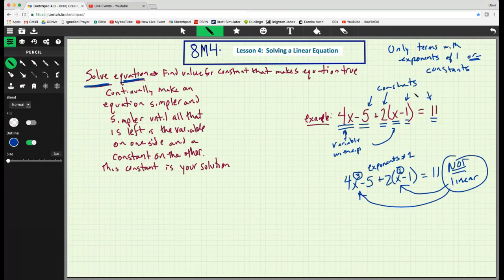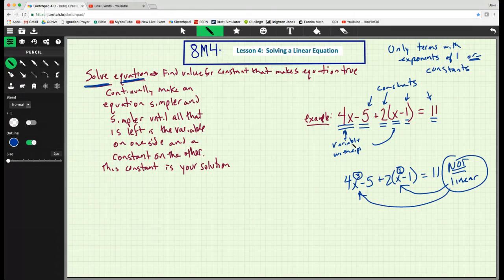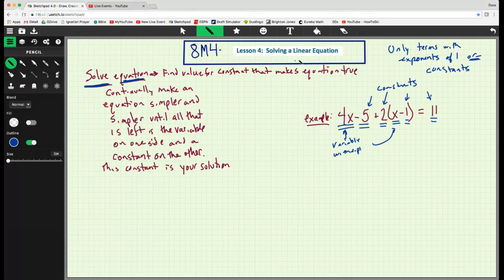So this would be not linear, but this is indeed linear because there's only x's and constants, and there's no exponents other than exponents of 1. So let's just get rid of all this, and then we're gonna move forward. I wanted to make that point clear to help you understand how you can detect that everything that we do today is a linear expression. And that's because of that rule that says all variables have exponents of 1.